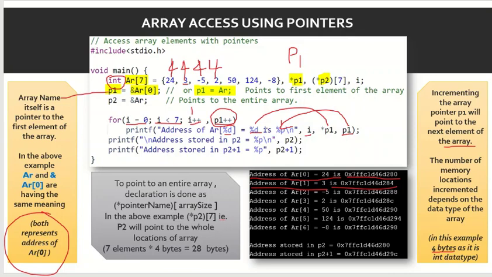This process continues, and in each iteration it prints the next value along with the next address. Each time it is incremented, the address increases by 4.